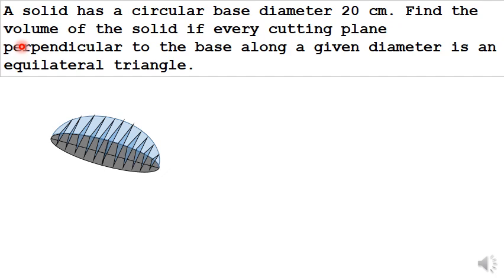Now, let's see if this solid qualifies for the Prismatoid formula. First, it must have two bases. Yes, it does have two bases, polygonal bases. On one side is an equilateral triangle whose dimension is 0 by 0 by 0 on all of its sides.